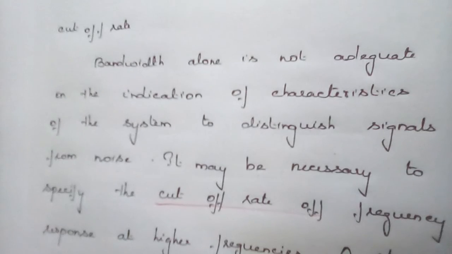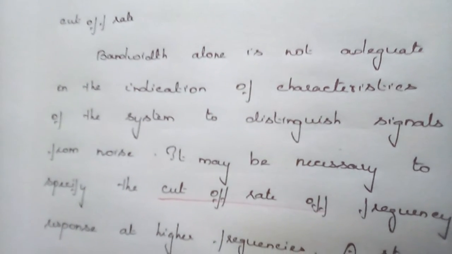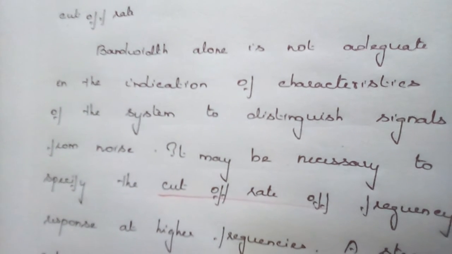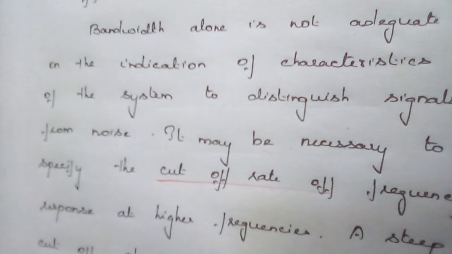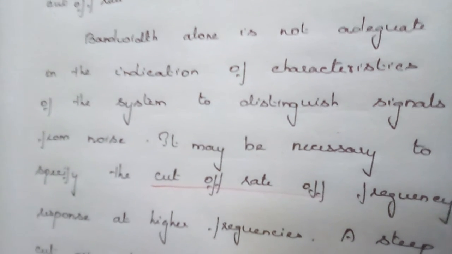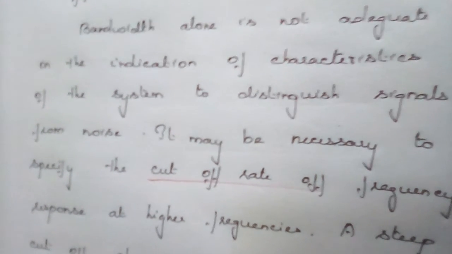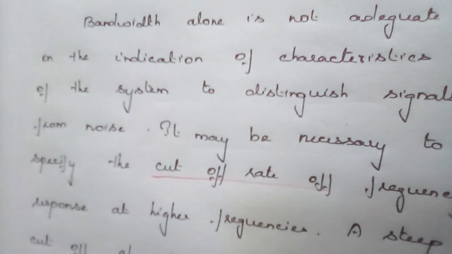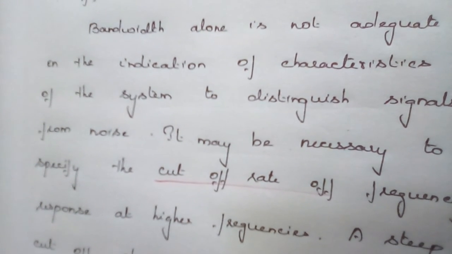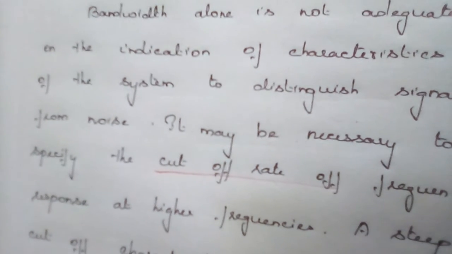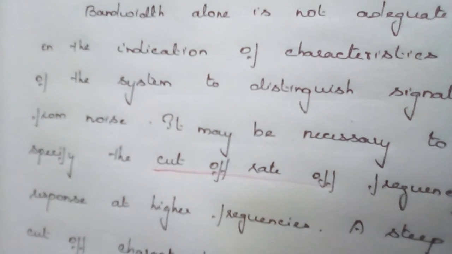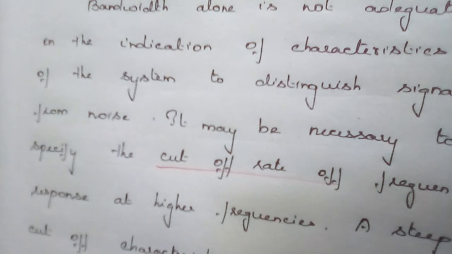The reason for considering the last term, the cutoff rate, is to have a distinction between the noise and the signal, and at the same time the cutoff rate provides the response at higher frequencies. Whenever the cutoff rate has a steep response characteristic, the peak resonance will be larger, and at the same time the stability of the system will be low.